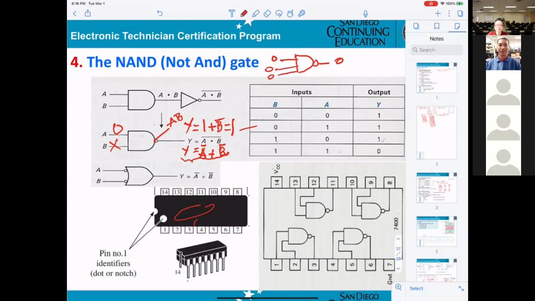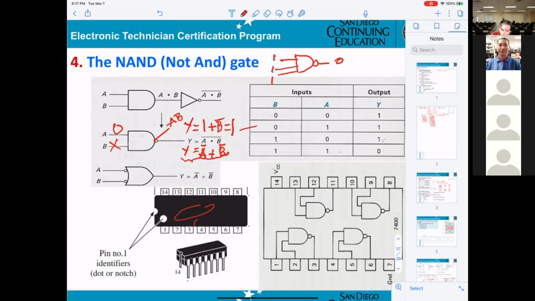Hey, Mr. Pham? Yes, sir. According to your data sheet there, to get an output of 0, and that's the NAND gate, all your inputs need to be 1. Oh, sorry, sir. Yeah, you're right. All the inputs need to be 1 for that to be a 0. Exactly. That means they have to be 1, 1, 1, 1, 1, and 1.